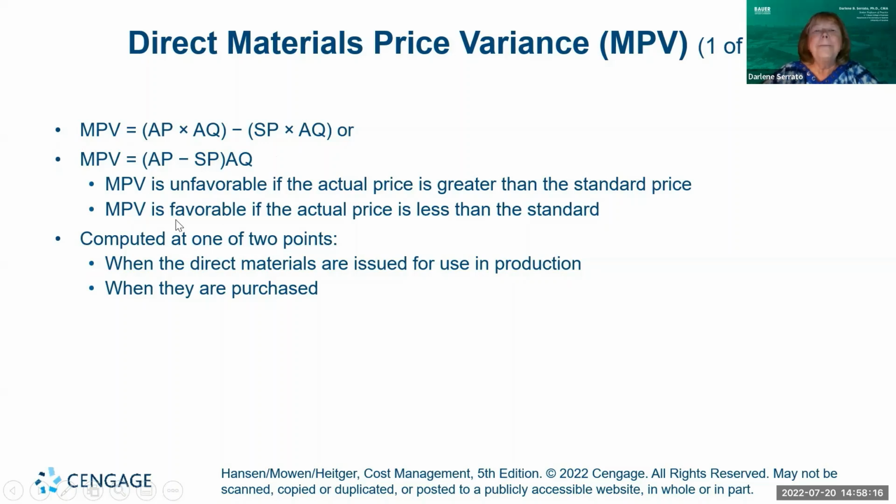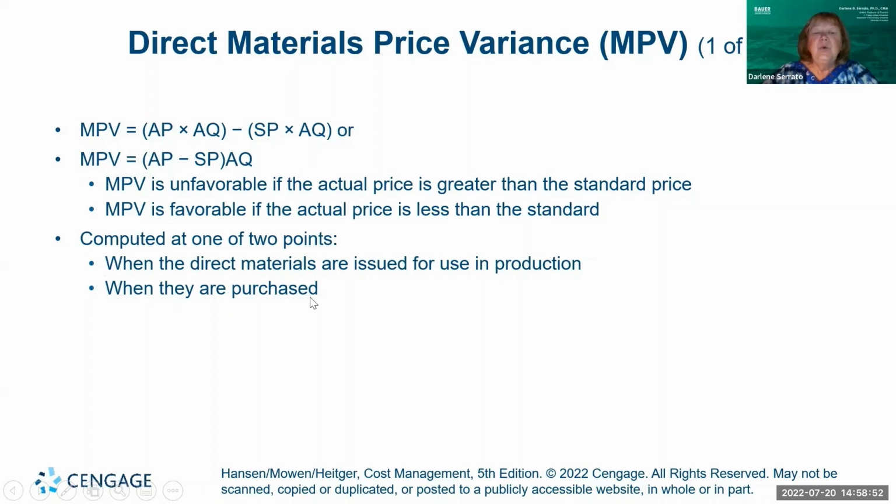So for materials only, you can calculate the price variance at 2 different points. One is when you actually purchase the material, which is the earliest point possible. When you use AQ purchased, the price variance is the responsibility of the purchasing agent.